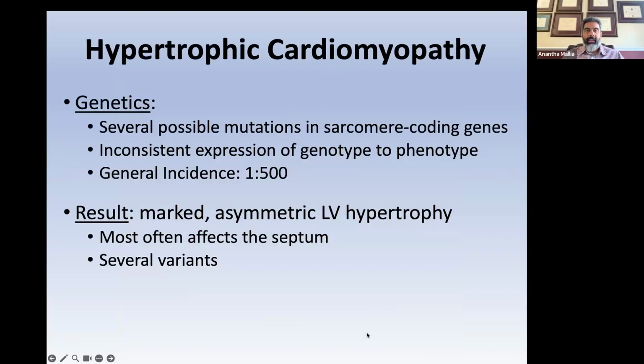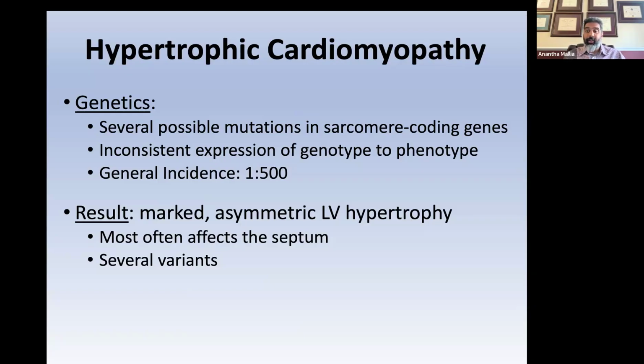As you know, HCM is a disease state that has been really evolving in our understanding, in its epidemiology and its genetics. The state that it is in now is that we know there are several possible mutations that result in the genotype of HCM, and there is inconsistent expression of that genotype into the phenotype of HCM.